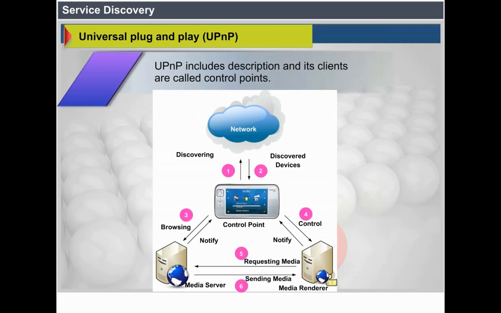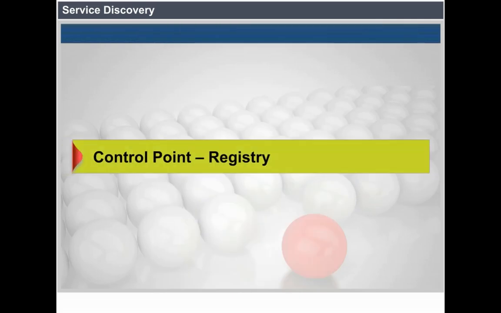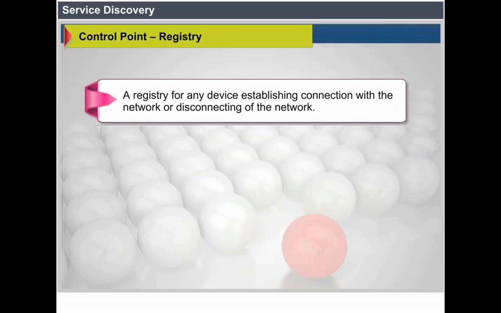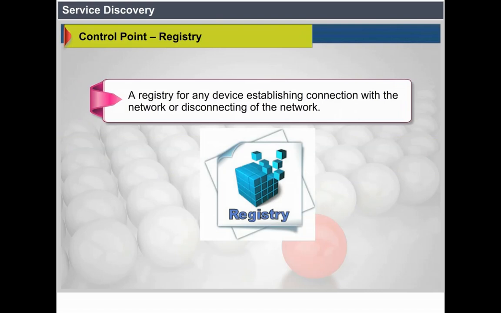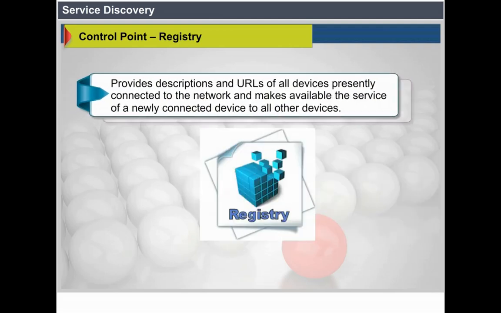UPnP includes description and its clients are called control points. Control point registry, a registry for any device establishing connection with the network or disconnecting from the network.